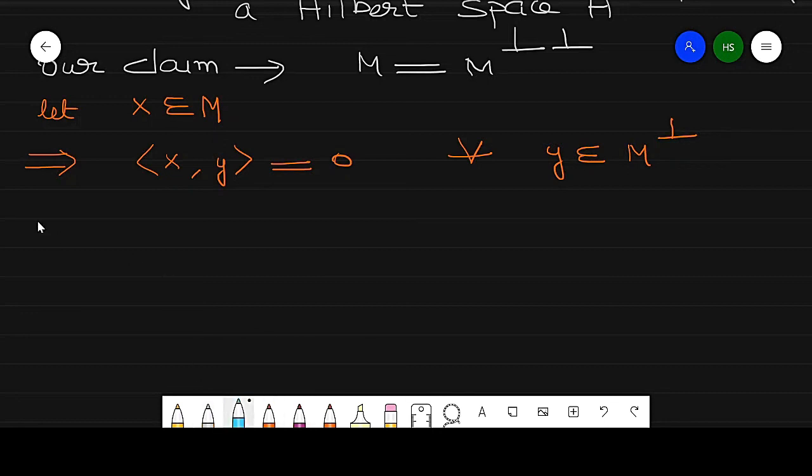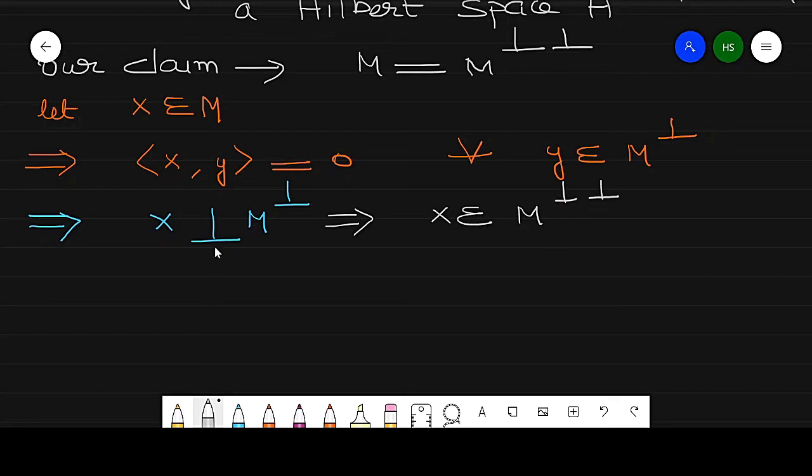So this is by definition. It means x is perpendicular to its orthogonal complement, and it means x belongs to the M double orthogonal complement.